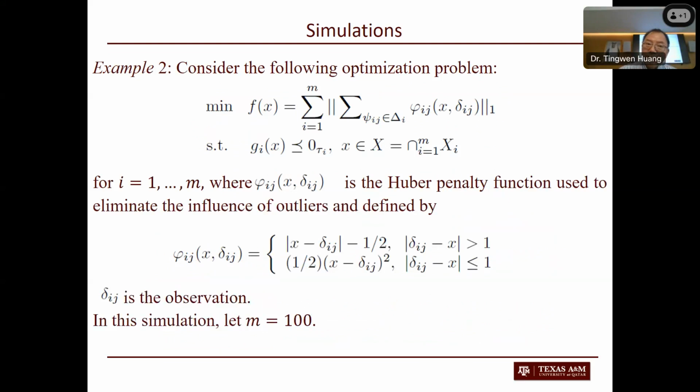Minimize the function f of x defined as the sum of the distances phi ij of x minus delta ij, for all phi ij in delta I. Meanwhile, this should satisfy g of I always smaller or equal to 0.